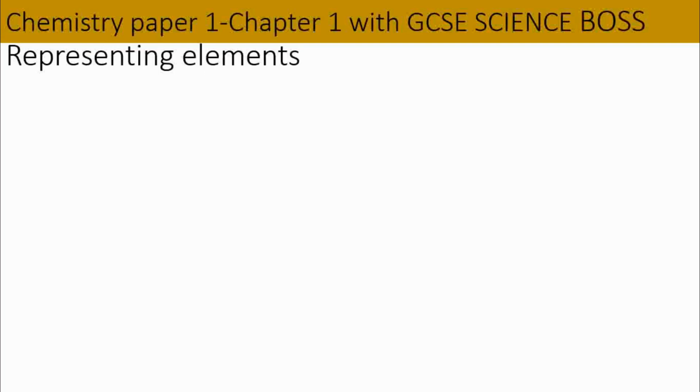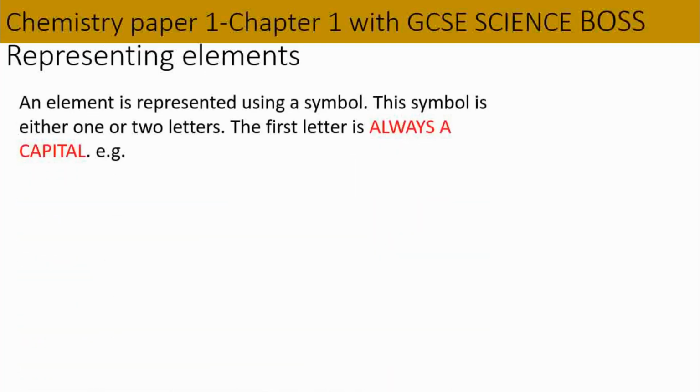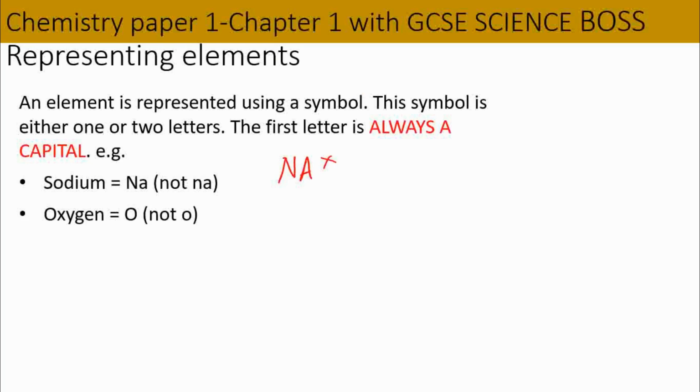Okay, so when you're representing elements, the first letter must always be written with a capital letter. All right, so I see this a lot, where students write small n, small a, or they would write capital N and capital A. Okay, that is wrong. That's very, very important. All right, so oxygen is a capital O, not a small o.